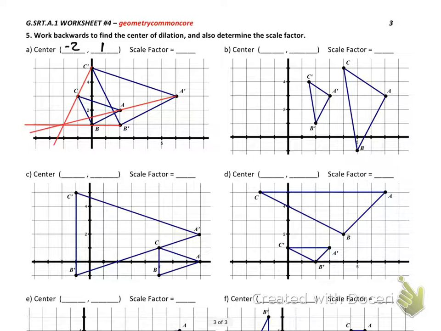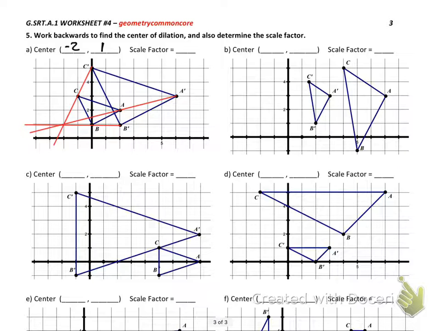And before we worry about finding the actual scale factor, like the number and setting anything up, I just want to ask you guys, in this example, is our triangle getting bigger or is it getting smaller? It's getting bigger. So remember, your image is the primes. That's where it ends.